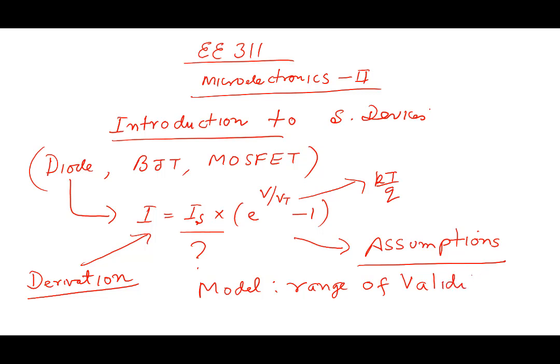Every model. There's nothing that is perfect, so it has a range of validity. There's a range over which the model is valid, and there's a range over which it is not valid. So as you derive, as you know the assumptions, you'll know how to use this particular model.